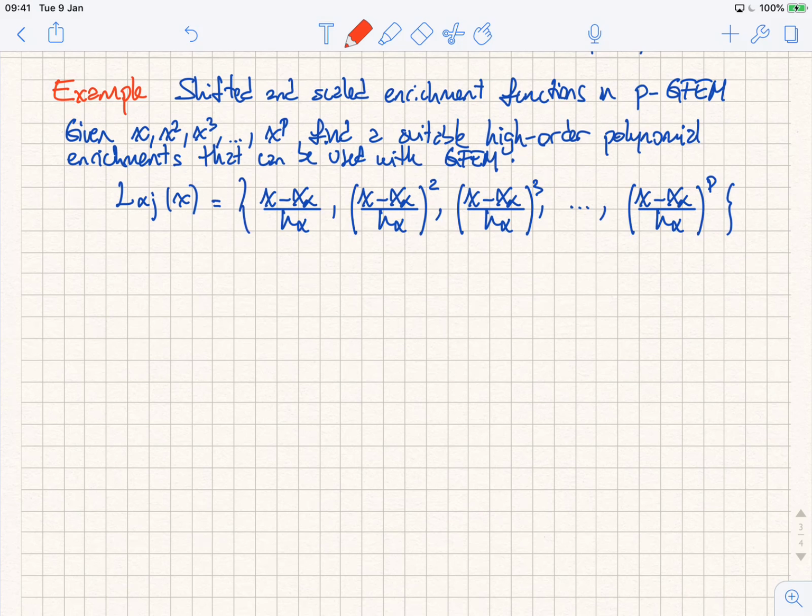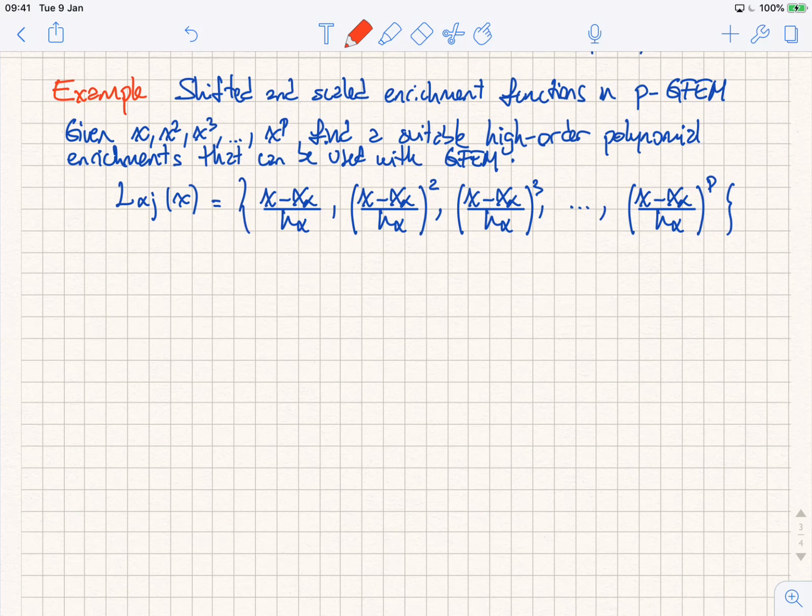If the enrichment function is not equal to 0, we can no longer enforce Dirichlet boundary conditions in a strong form, or the way we did it in standard FEM, but we have to use some other approach to enforce boundary conditions. And that is actually a really complex topic that we are not going to try to delve into in this course, because there are many ways to do that.